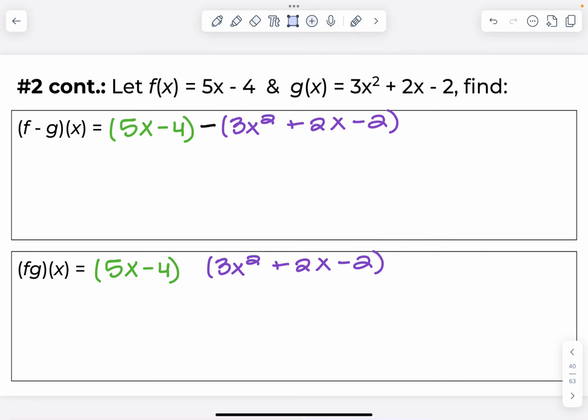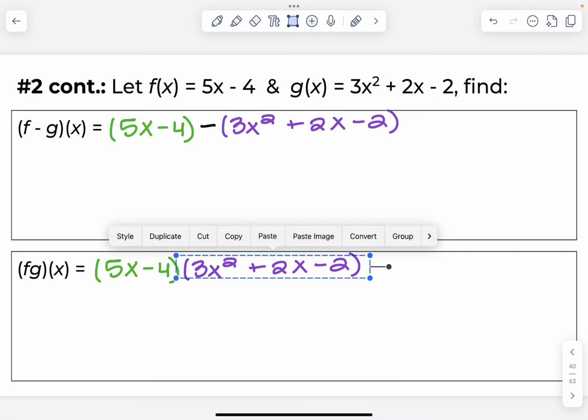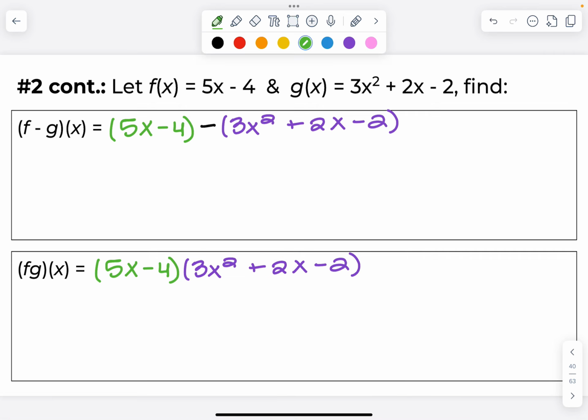So when I do the top problem, I have to distribute that negative. When I distribute that negative, I need to do it to every single thing in that second function. The biggest mistake I see y'all make is pretending we didn't do any of the distribution.